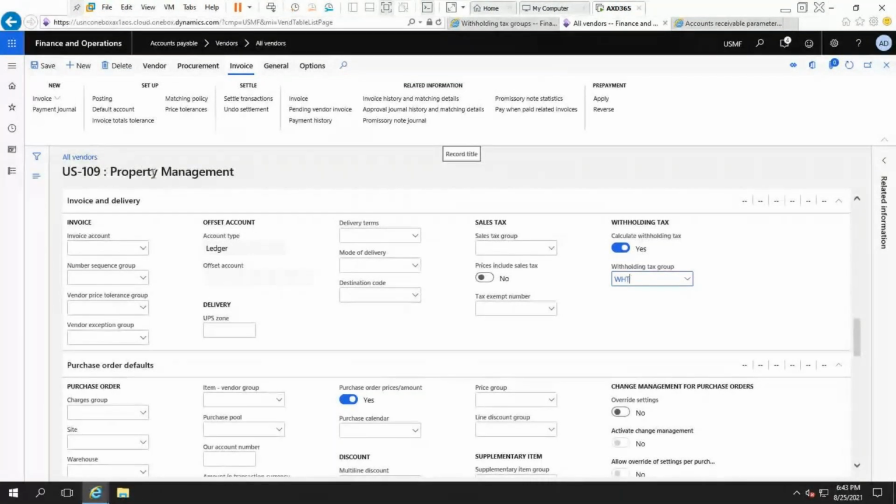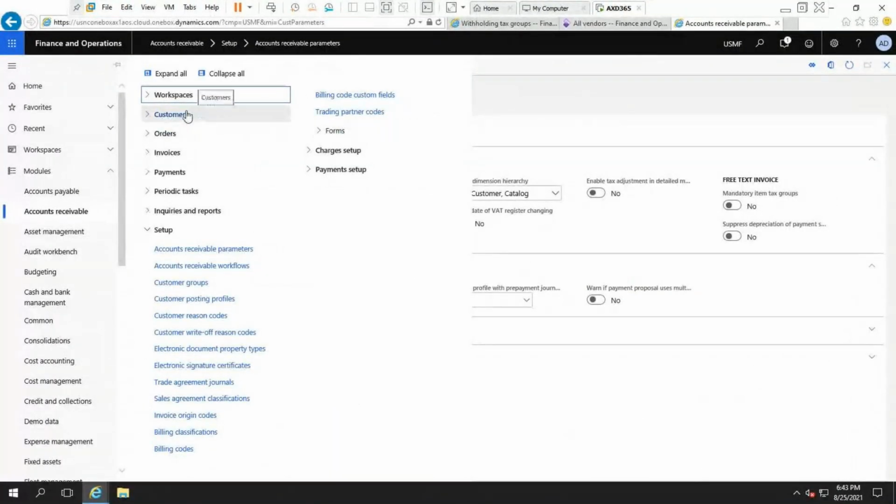This is property management. Okay, I am creating a purchase order.